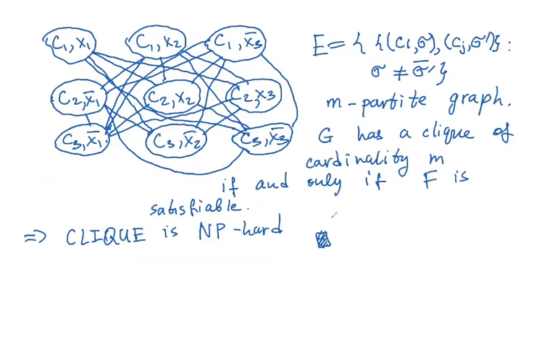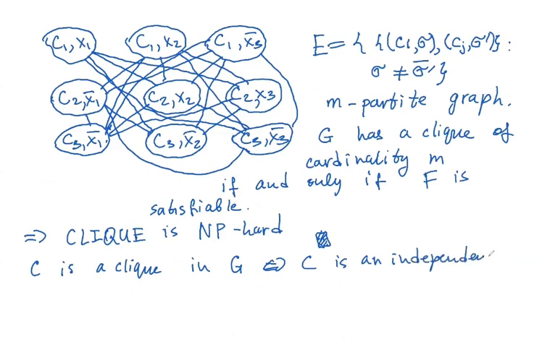Now, remember that we said that a subset of vertices is a clique in G if and only if this subset of vertices is an independent set in the complement graph.